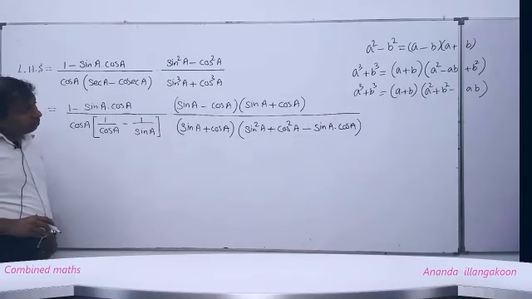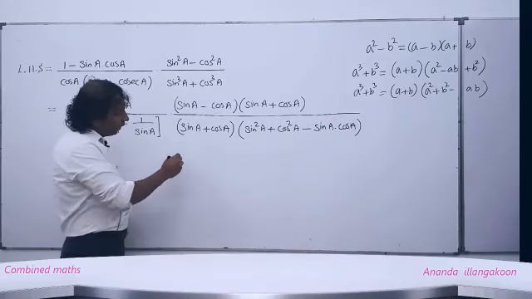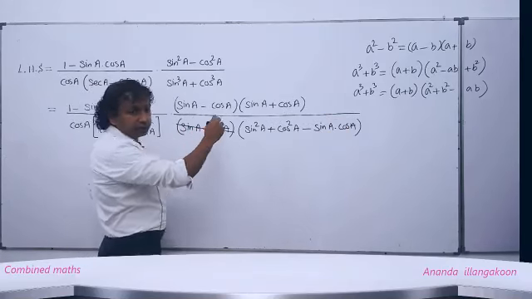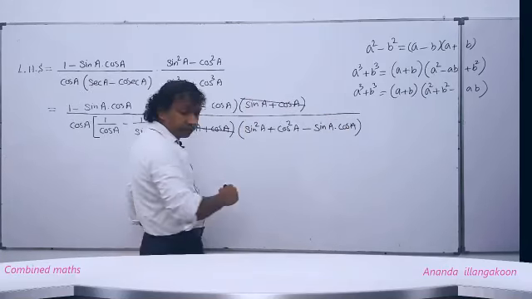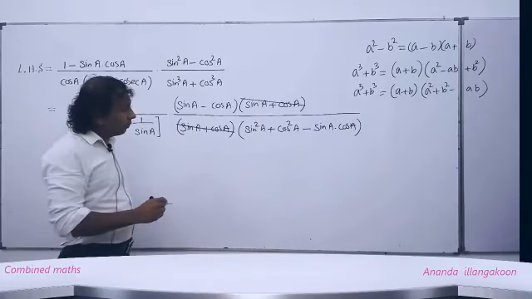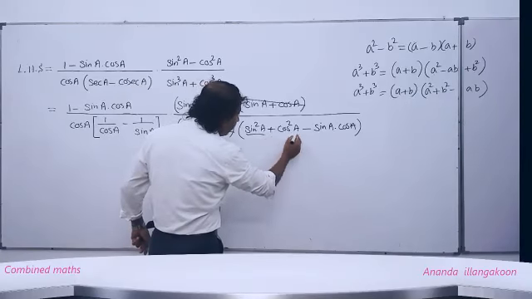Now you can very clearly see, people, here is sin A plus cos A. We can cancel down with this sin A plus cos A at the numerator. That's an obvious fact. And the other thing is, people, this sin squared A plus cos squared A, this is 1.